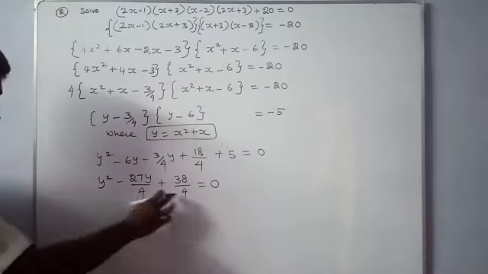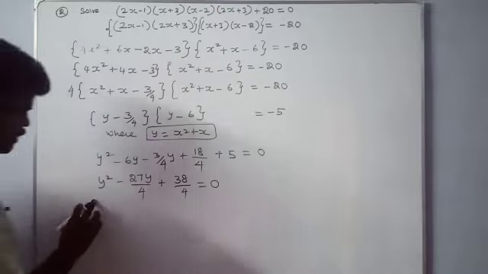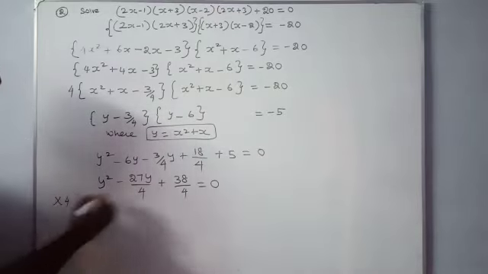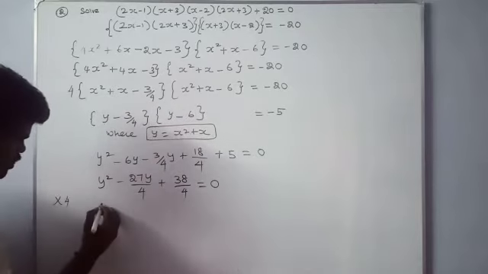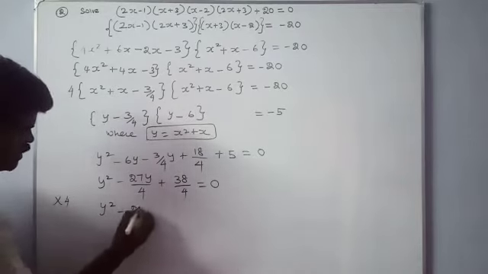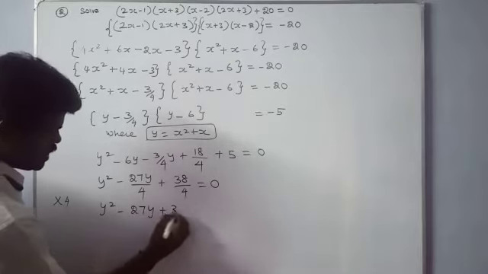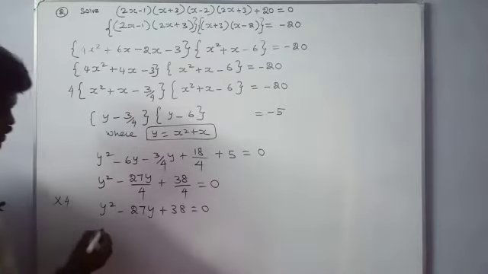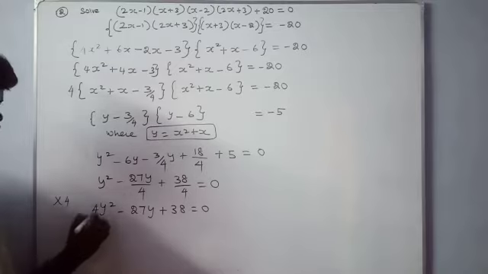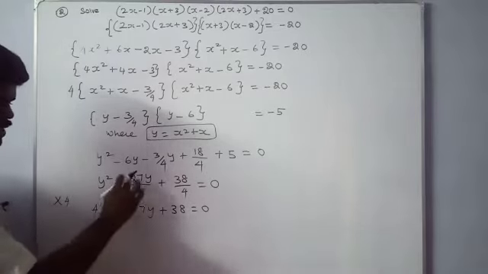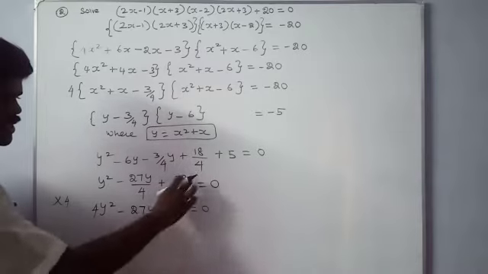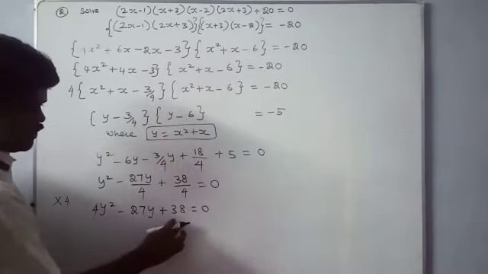Here the denominator 4s are there, so multiply 4 on both sides because we cancel these 4s. Y squared minus 27y plus 38 equal to 0. Here multiply 4 because 4y square minus, cancel these 4, so 27y plus 38, cancel these 4 equal to 0.